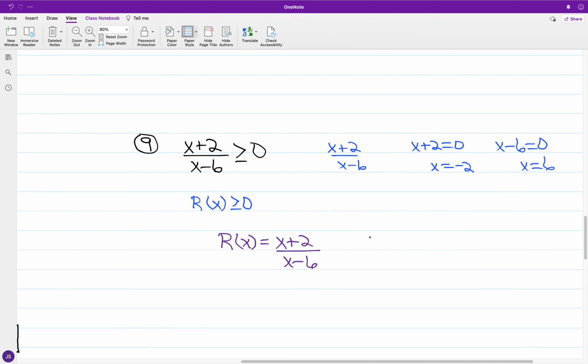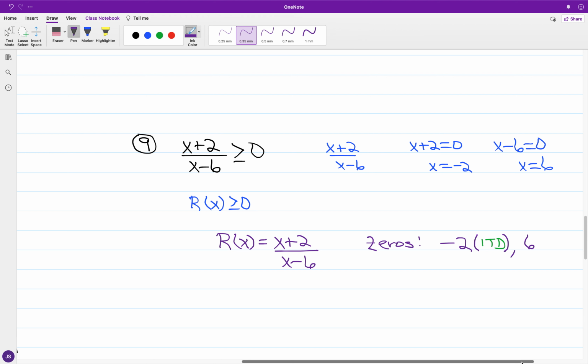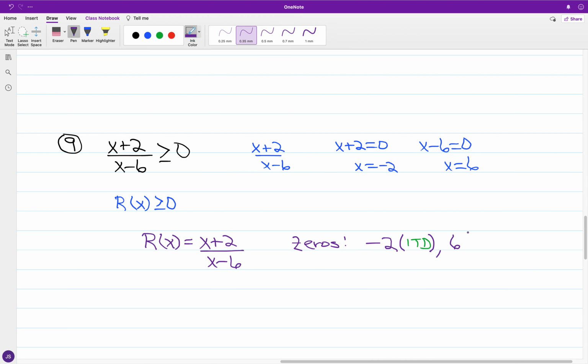And for the zeros, okay, so we have -2, and since this stems from the numerator factor, I can have a 0 top part of the fraction, but not a 0 bottom part. So -2, okay, that one is in the domain. And on the other hand, we have with 6, because this comes from the factor in the denominator. Okay, that one is not in the domain.